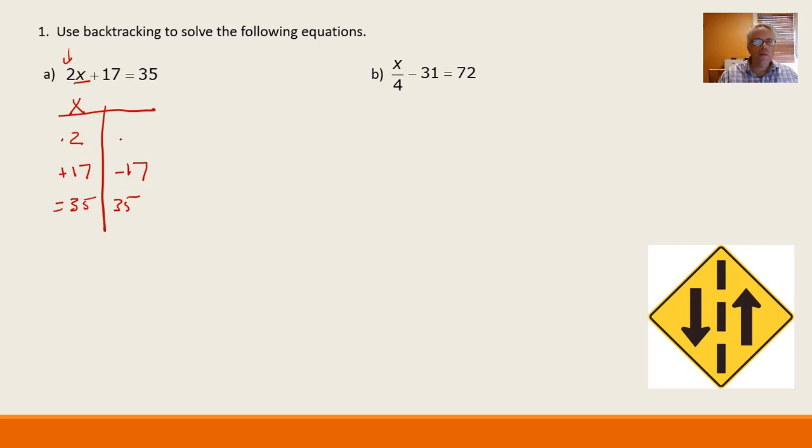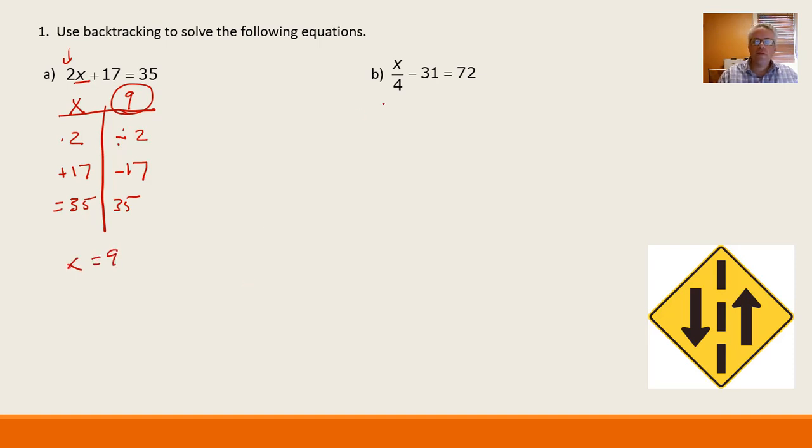And instead of multiplying by 2, we're going to divide by 2. We're going to undo all of the steps. So on the right side, I'm going to show the inverse operations. Start with 35, subtract 17, you get 18. Divide by 2, you get 9. And that's what we're starting with. So we get the answer that x equals 9.